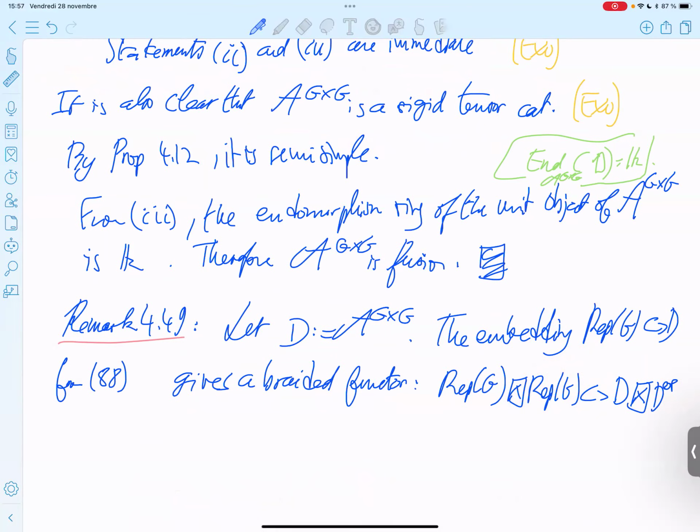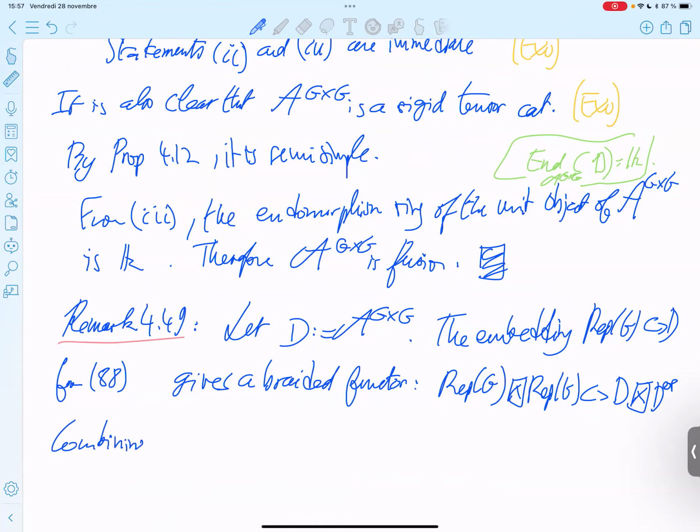And you have also a braided functor from that to the Drinfeld center of D. This is something we already mentioned, I guess, in section 2 last semester.